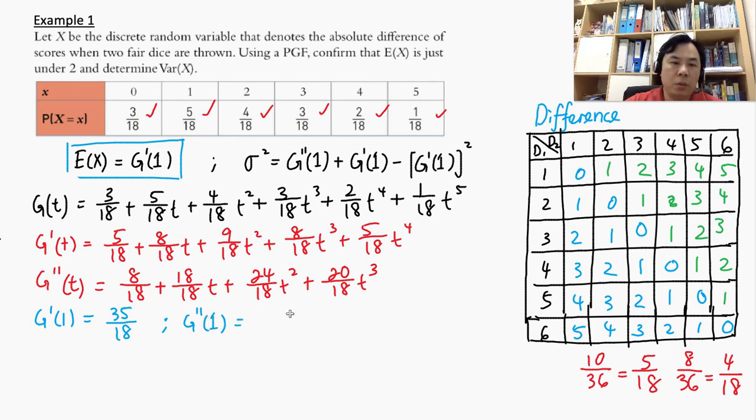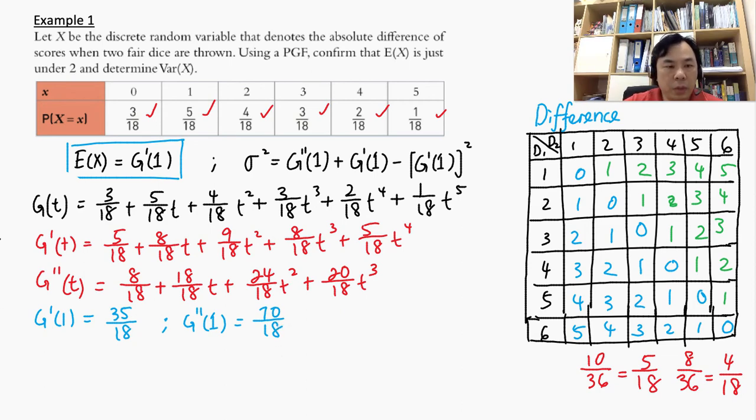Okay, so putting a 1 inside there. Now in this case, let me see, we have 44, 26. Okay, 44, 26, that will be 70. 70 over 18 there. Let me see whether I did it correctly. Sometimes I'm a bit careless with my computations. That's 60, 70. Yep. Okay, so there you have it. 70 over 18 here. Right?